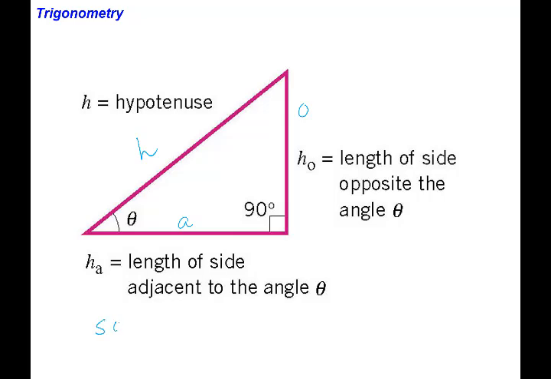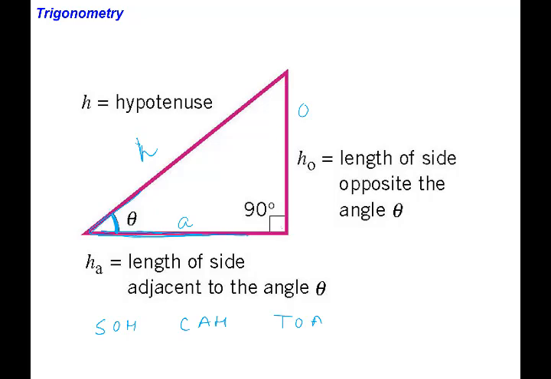If you know the mnemonic SOHCAHTOA, you should know how to write tangent of theta, cosine of theta, and sine of theta. The opposite is the side opposite the angle. The adjacent is always formed between the hypotenuse and the base. The angle is always formed between the adjacent and the hypotenuse.